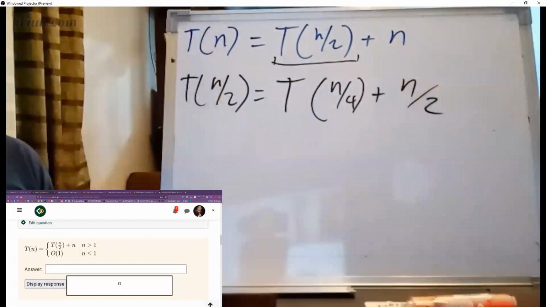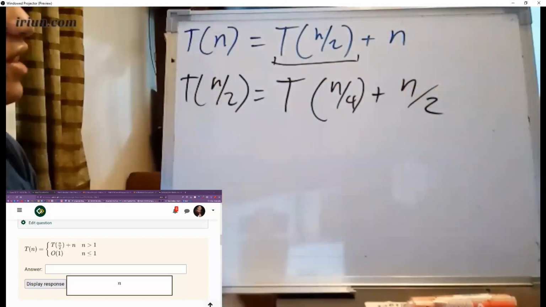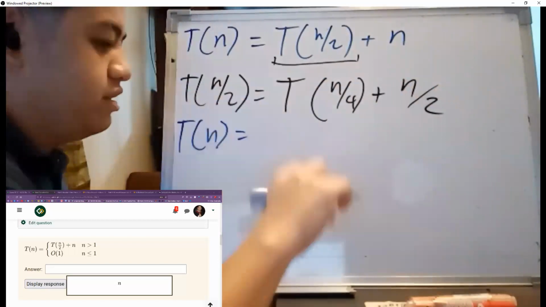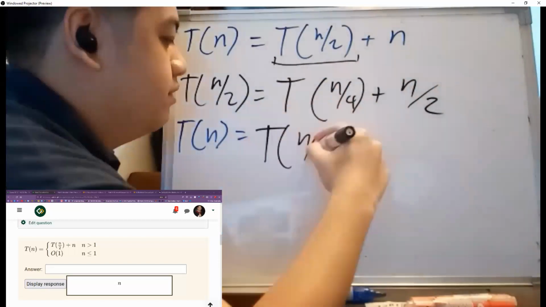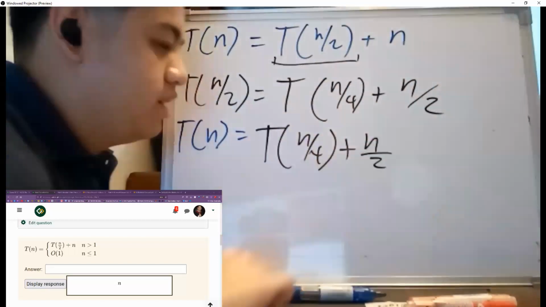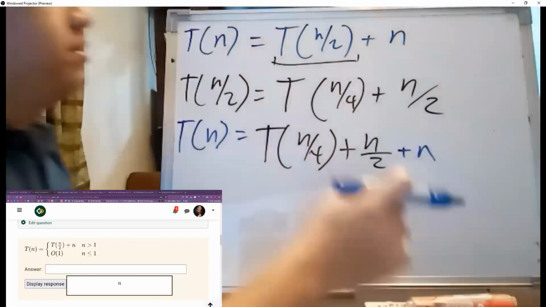Okay pa yun? And then, pag sinubstitute natin siya pabalik doon sa unang expression, we get T of N is equal to yung T of N over 4 plus N over 2, then yung plus N dun sa dulo. So, sinubstitute ko lang ito doon.